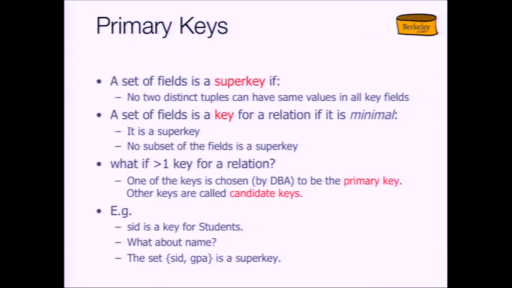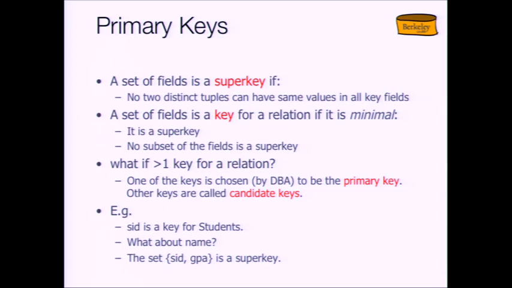All right, so some definitions. These are a little irritating, but they're good to keep straight. There's a term called a superkey. A set of fields is a superkey if no two distinct tuples can have the same values for all the key fields. So if I have students that have SID and name, and I know that SIDs have to be unique, then SID is a superkey.